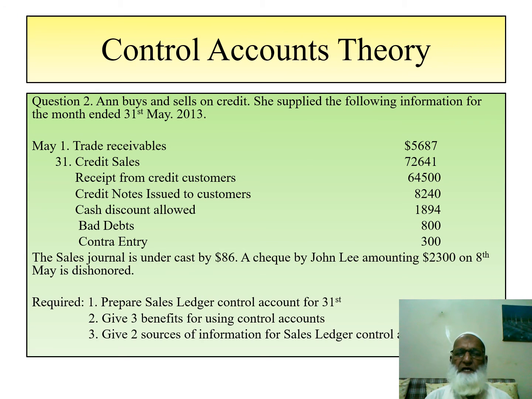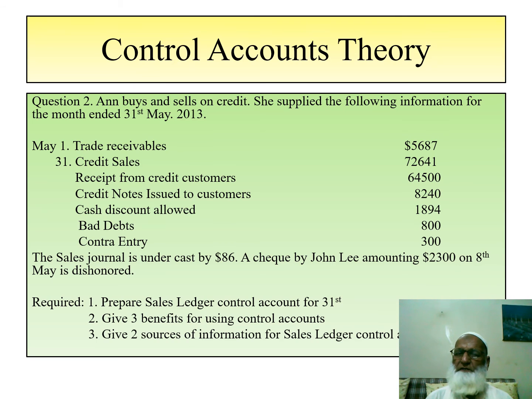The sales journal is undercast by $86. Undercast means it has to be increased. Sales are to be increased by $86. There must have been a mistake because of which it is undercast by $86. A check by John Lee amounting to 2,300 on 8th May is dishonored.